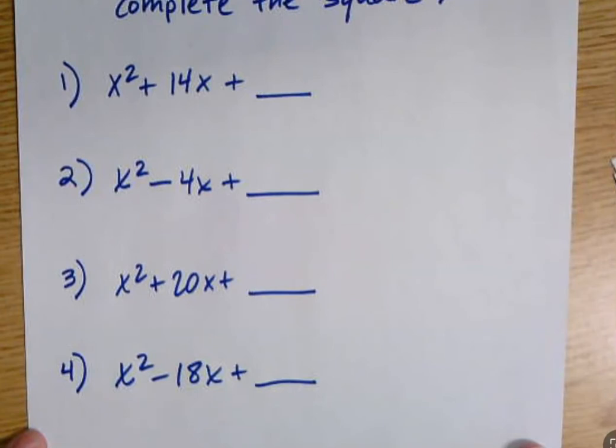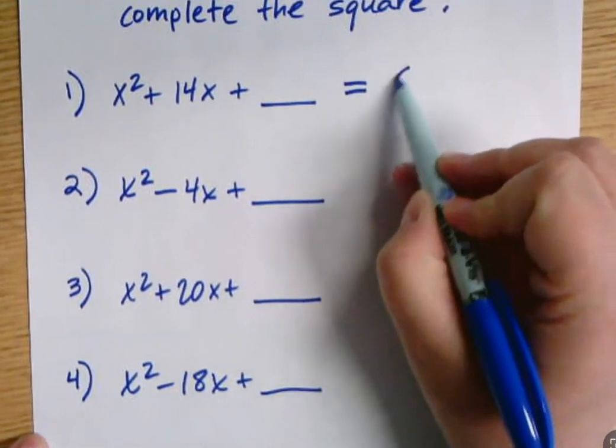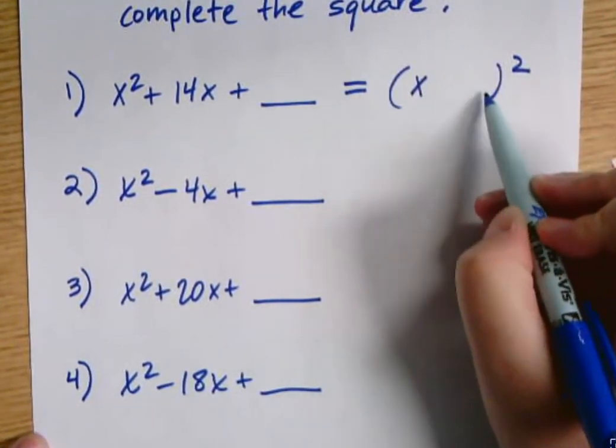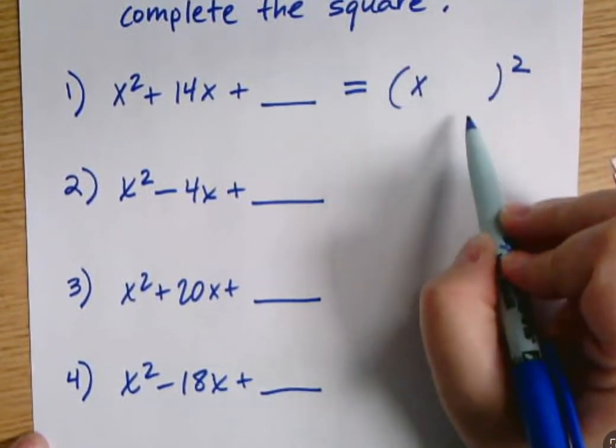All right, so you're going through the same process each time to figure out what number goes in the blank. Now, once you have all those numbers, I want you to go back and think about how to write that as a binomial squared. In other words, it'll be x plus or minus something. Okay, go ahead and write all of this on your paper.